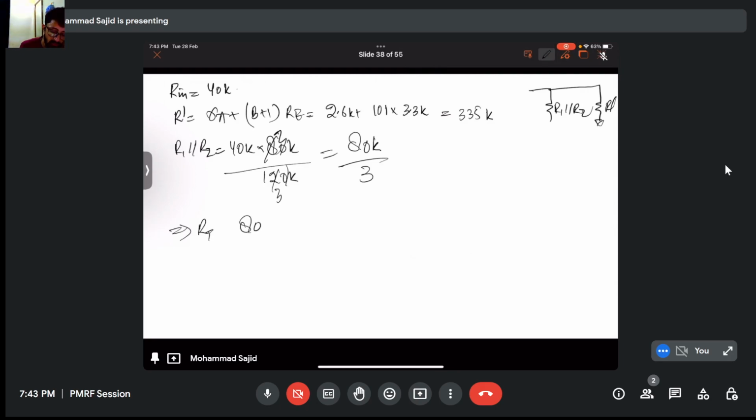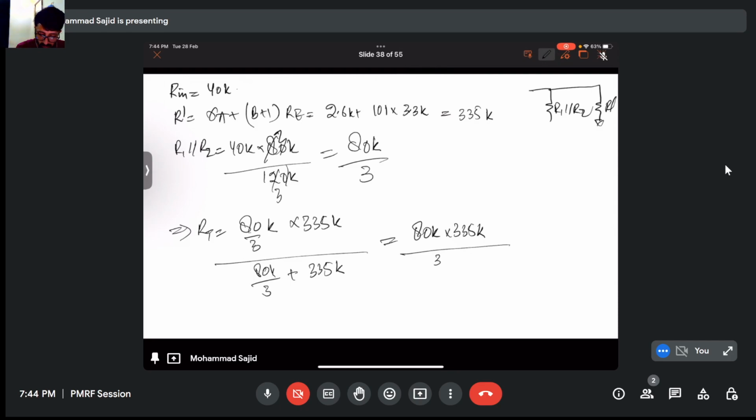So our total will be equivalent to 80k by 3 into 335k divided by 80k by 3 plus 335k. That will give me 80 into 335k divided by 361k.